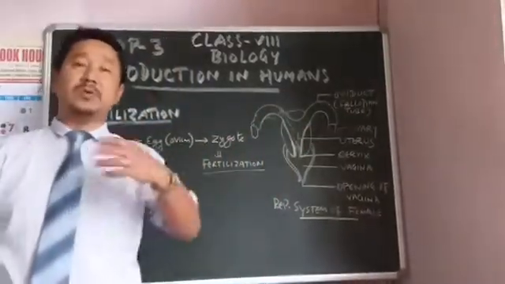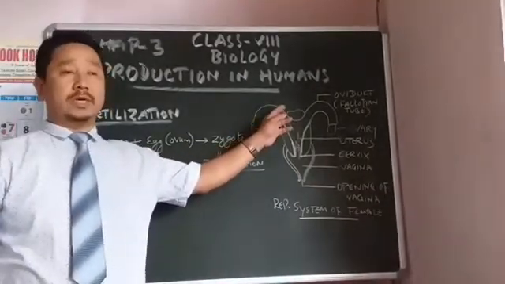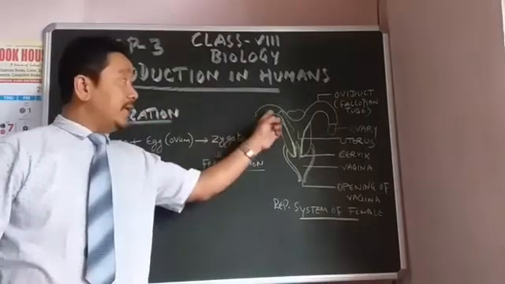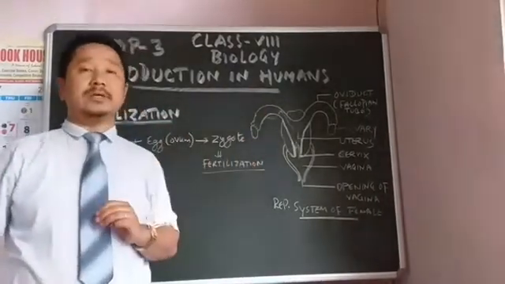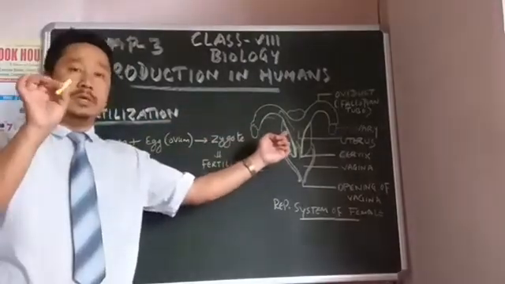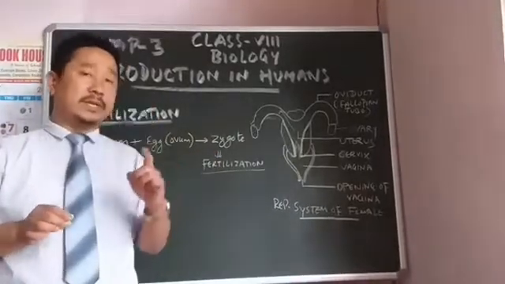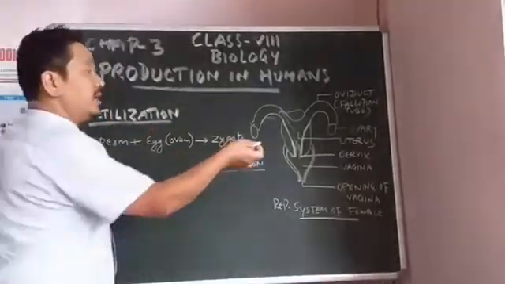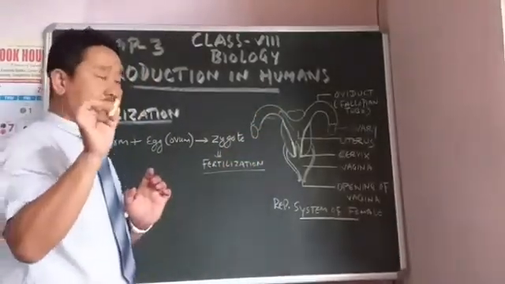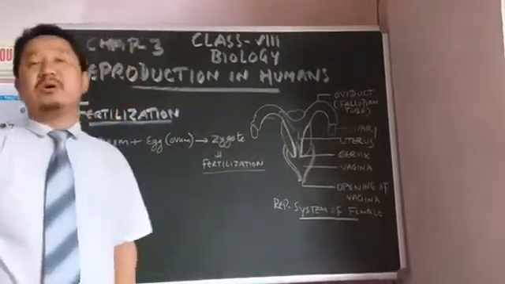If the egg is available there in the oviduct, then it will be fertilized by one sperm. Not that many are needed. Only one sperm will unite with the egg, which is called fertilization.